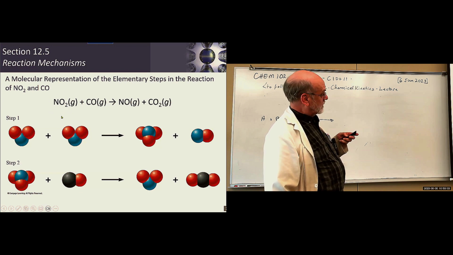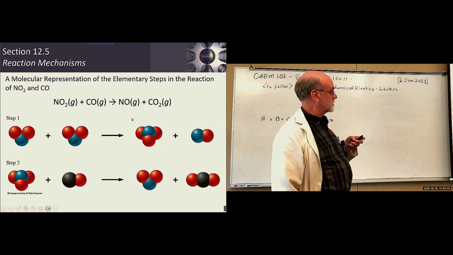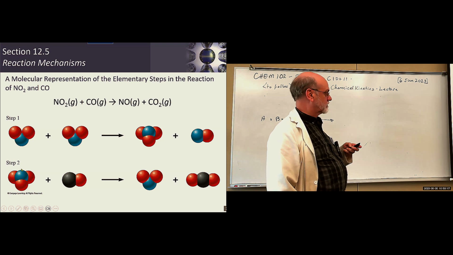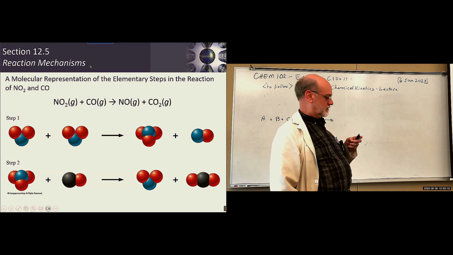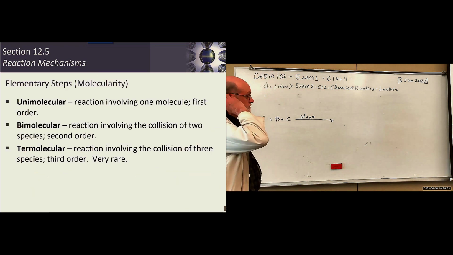We only got one of them there. This extra NO2 is canceled by this one because it's recreated in the process. But this NO3 is not in the overall equation. It's an intermediate. It's created here and it's used up over here. That's an intermediate.